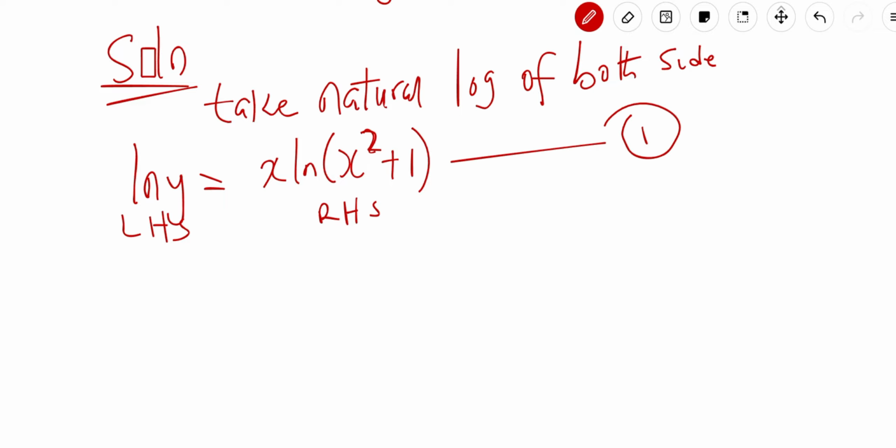Let's call this equation 1. You can see from equation 1, we solve the right hand side of equation 1 by differentiating it using the product rule.